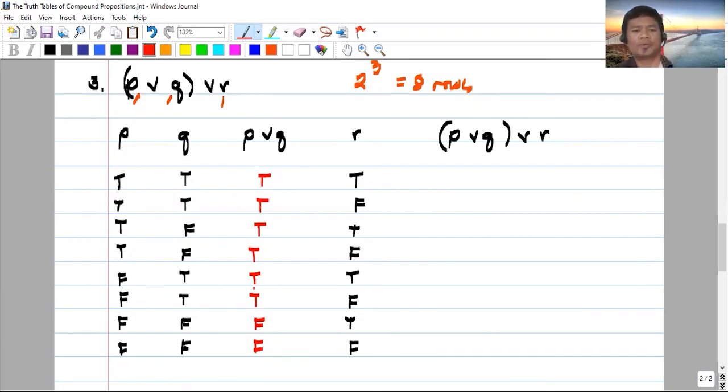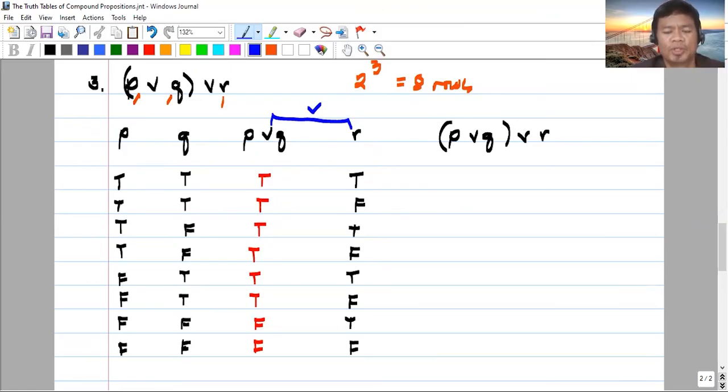Now we are ready to find the truth value of the compound proposition P or Q or R. So we combine this time these expressions. We have P or Q or R. Again, we have disjunctions of two propositions.